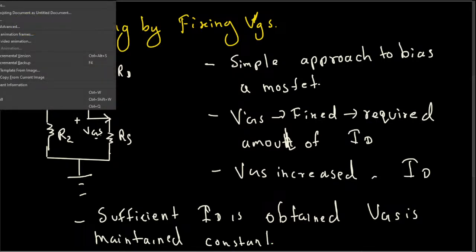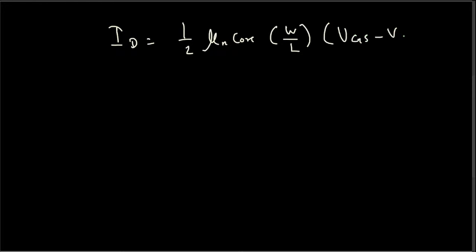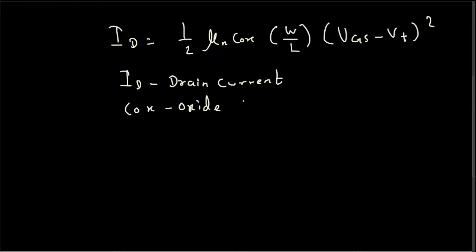Okay, now if you look at the ID current equation, ID current is given by half times mu and COX W over L times VGS minus V threshold whole square, and here ID is the drain current, and COX is the oxide capacitance. VGS is the voltage between gate and the source.